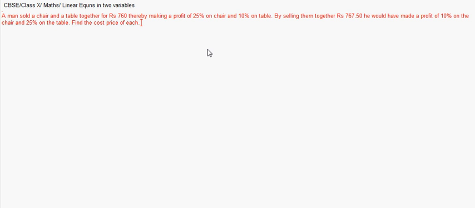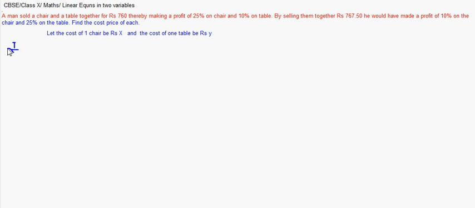Now, because we have to find the cost price of each, let us assume the cost of one chair be rupees X and the cost of one table be rupees Y. Now in the first case, let me take up the first case and we can write out the second step later on.